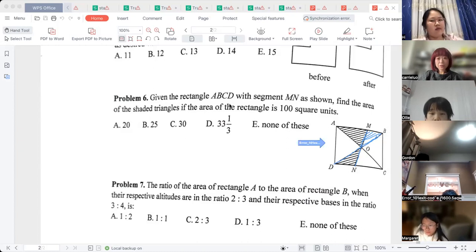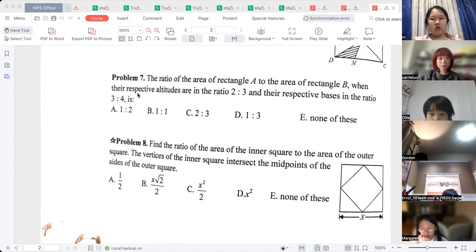Given the rectangle ABCD with the segment, I think everybody got this one right, so we don't have to spend much more time on it. Most of you got it right. So let's take a look at number 7.